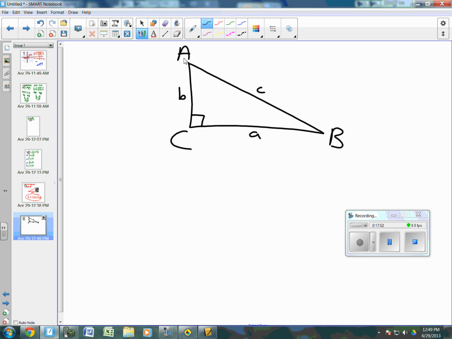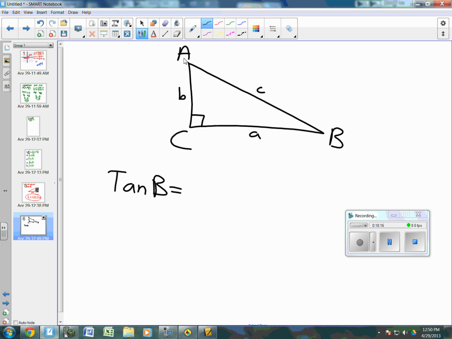We always take opposite of angle A is little a, so this side is little a. Opposite of angle B is little b, and the opposite of angle C is little c, okay? If I asked you to find the tangent of angle B, we don't know what angle B's measurement is, but it doesn't really matter.